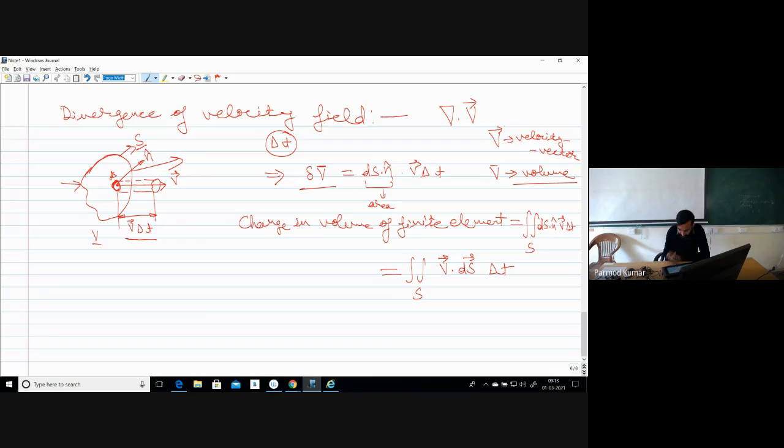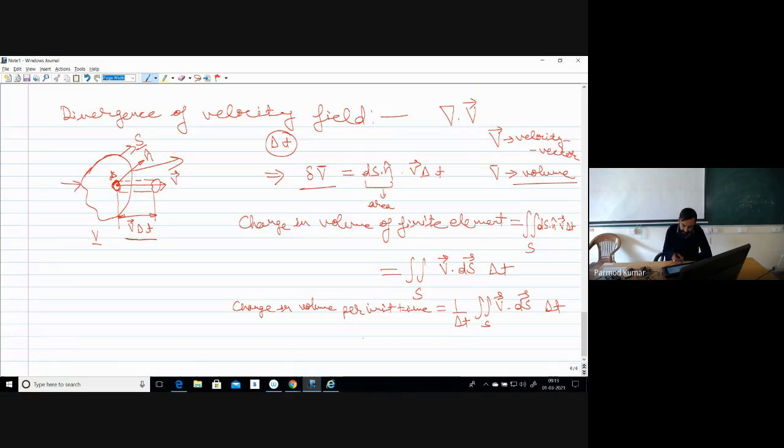So this is the change in volume. Now I have to find the change in volume per unit time. The change in volume per unit time will be 1 by delta t times the surface integral of V dot dS into delta t.